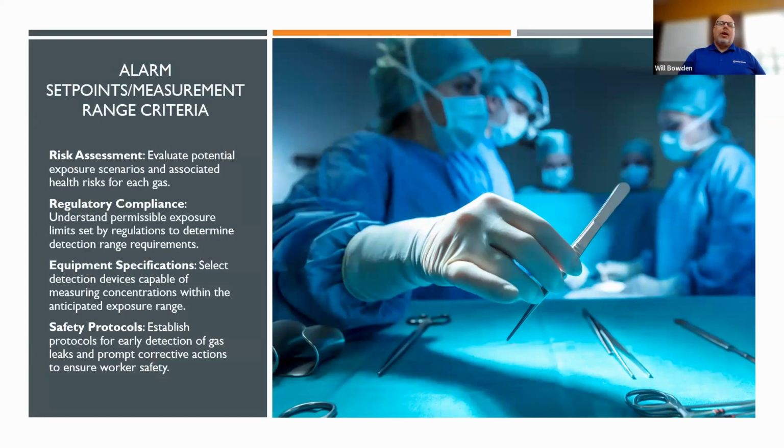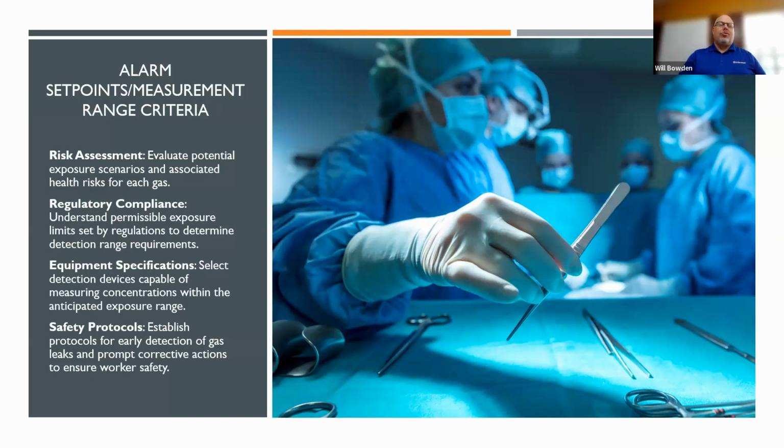It's really going to be dependent on a case-by-case basis. A lot of times internal standards may possibly be a lot stricter than what OSHA standards are, just to be on the safe side and be a little more conservative and being able to detect any possible exposure events, being able to protect employees. So one of the parameters that we look at there is risk assessment.